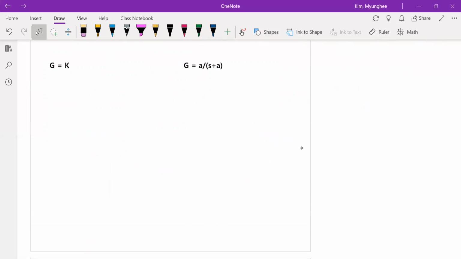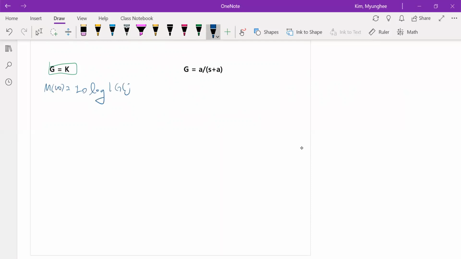Now let's look at a simple system, such as G equals K. It's a simple magnitude. So 20 log magnitude of this G(j omega) is 20 log K. So this is constant because there is no variable of omega. And then the angle becomes 0 degrees, because K has no angle.